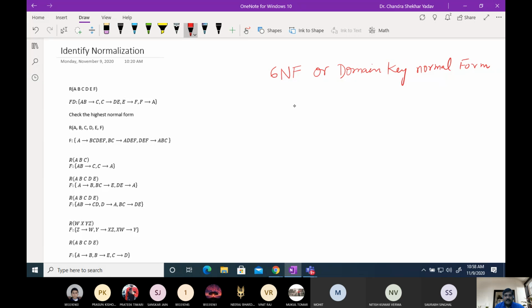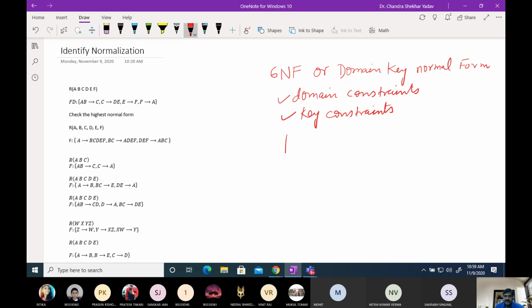A relation is said to be in sixth normal form if and only if it is in fifth normal form and all the content is a logical consequence of either domain constraints or key constraints. We represent each content of the relation in terms of either domain constraints or key constraints.